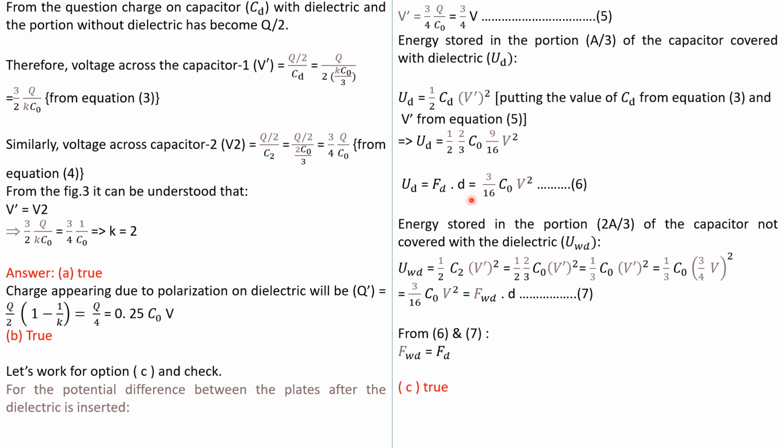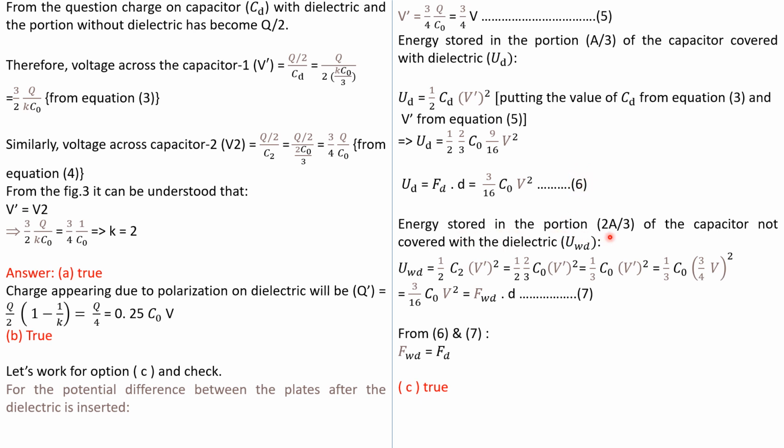So Fd into d will be the work done, and this will be stored as electrostatic interaction energy in the capacitor with the dielectric. We say this is equation 6.